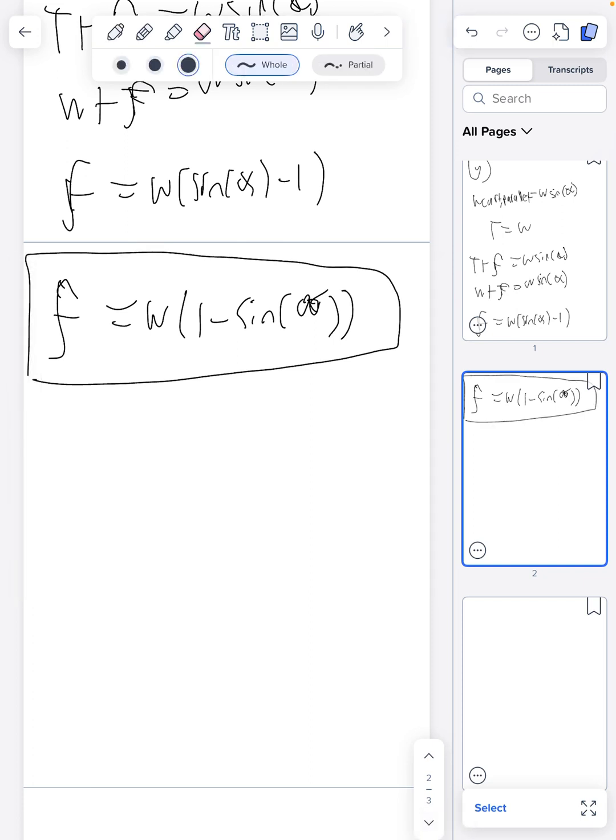Let me just clean this up a bit. This ensures that friction is a positive force, balancing the forces parallel to the incline. That one was just asking us to make an equation of the magnitude of the friction on the cart using terms of the angle and W. So that's pretty much that.